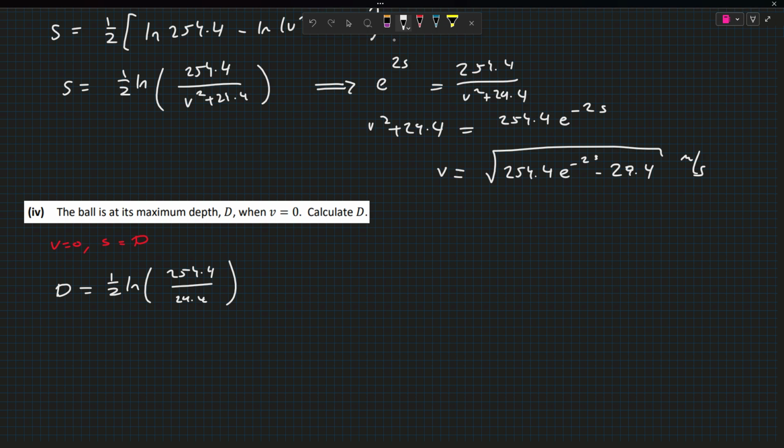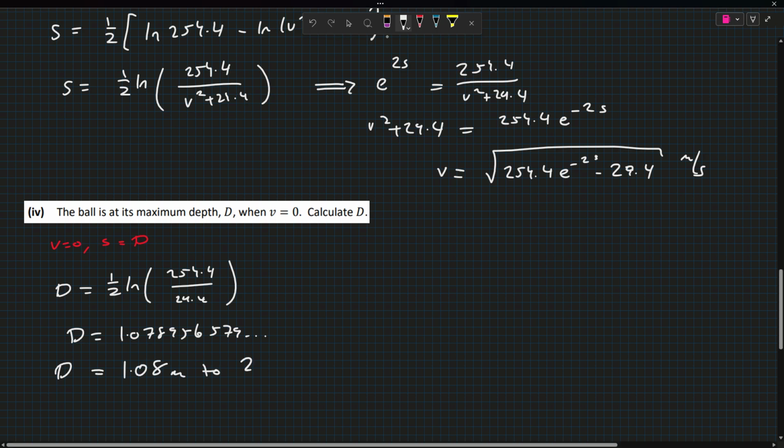Calculating this, it doesn't tell us to what degree of accuracy, so d is 1.078956579, and I'll write d is 1.08 meters to 2 decimal places.